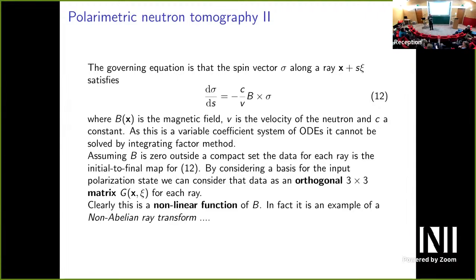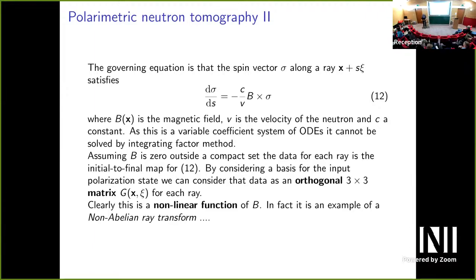But that's nonlinear because we can't do the log trick, largely because the matrices, B and its derivatives along the line, typically don't commute. The matrices associated with the vector cross product with B don't commute with this derivative.